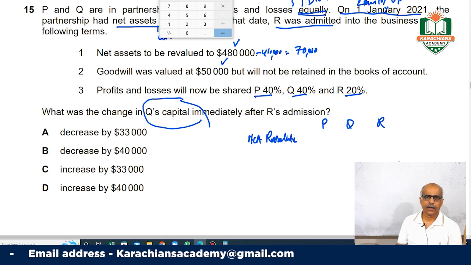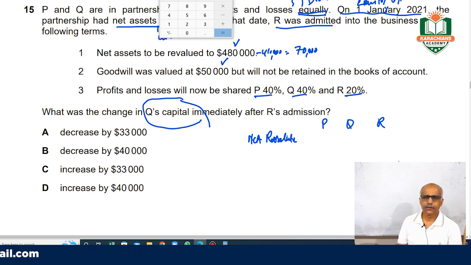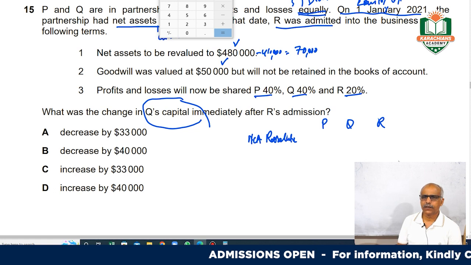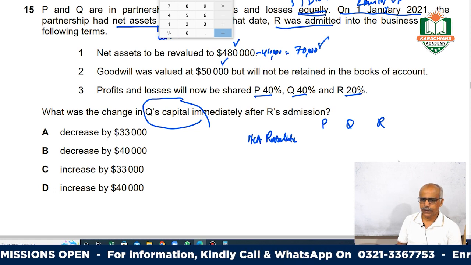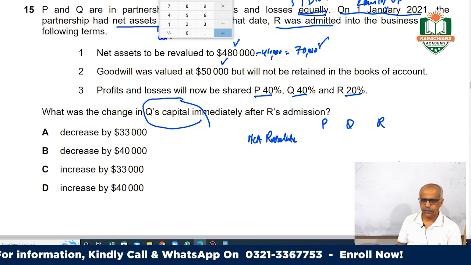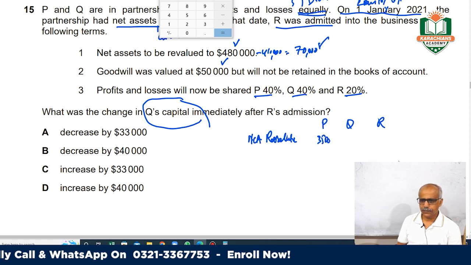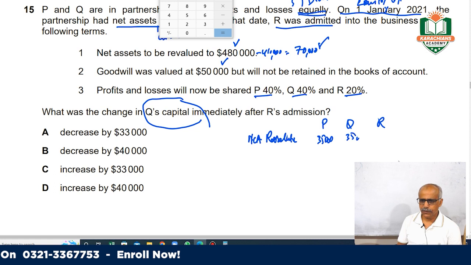The non-current assets will get debited, and revaluation reserves, sorry, partners' capital will get credited. So this will increase their capital equally. 70,000 is total, equal would be 35,000 each. Their capital will get increased.